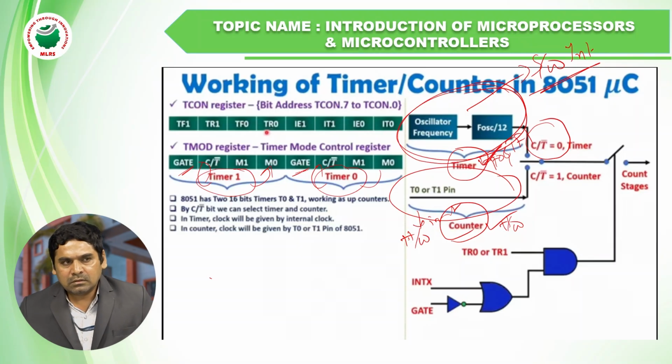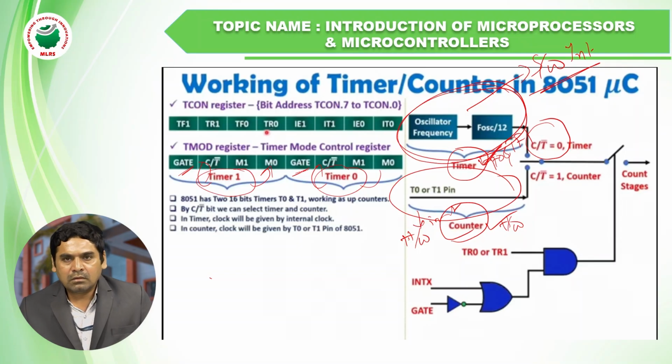These two bits have the combinations 00, 01, 10 and 11. I am telling only about timer 0. In the 00 case, it is mode 0 of timer 0; in the 01 case, mode 1 of timer 0; in the 10 case, mode 2 of timer 0; and in the 11 case, mode 3 of timer 0.